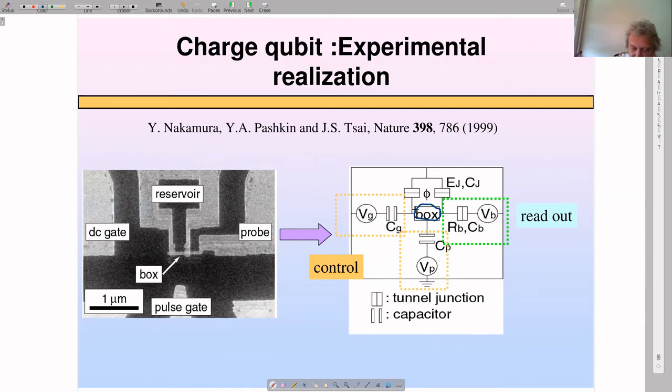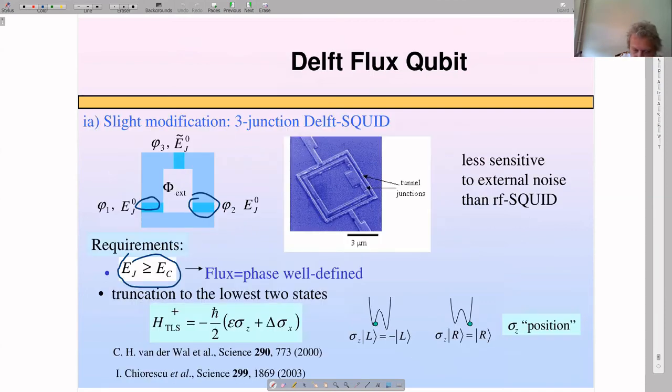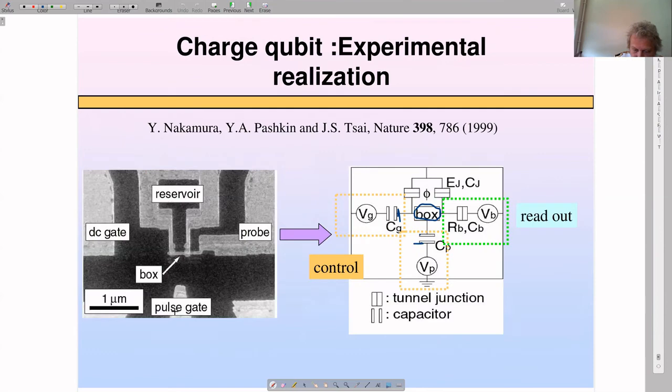That box can be affected by gate voltages, which corresponds to motion in this direction on the diagram. And of course, there has to be some Josephson coupling with the box. That can also be changed by applying flux in this loop.